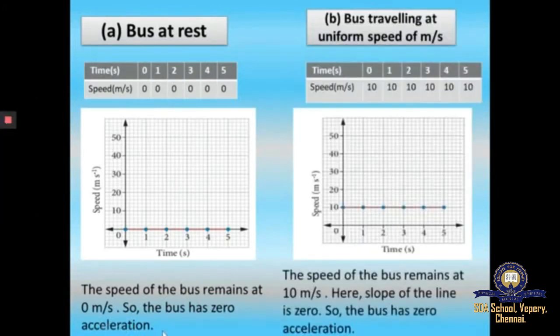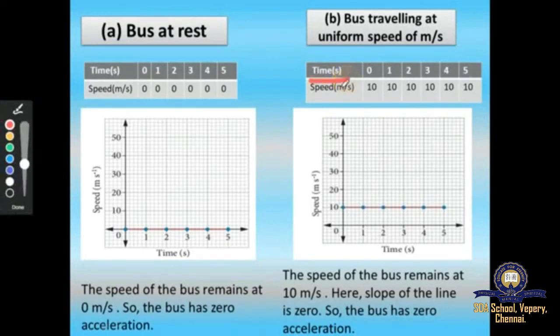Bus traveling at a uniform speed of 10 meters per second. The data is given here. The time is given in seconds and the speed is given in meters per second. The time is from 0 to 5 seconds and the speed is 10 meters per second throughout.